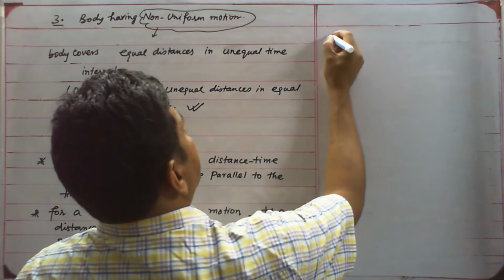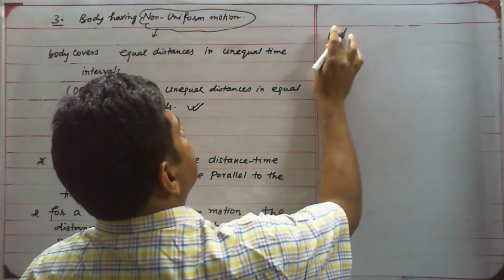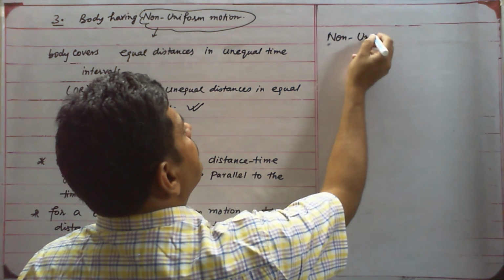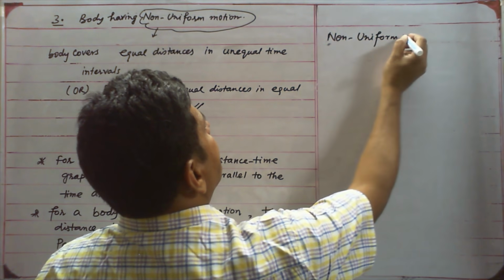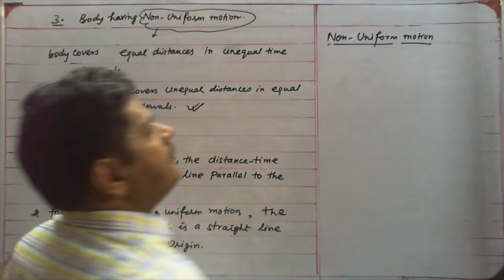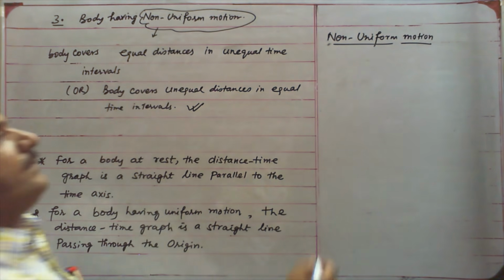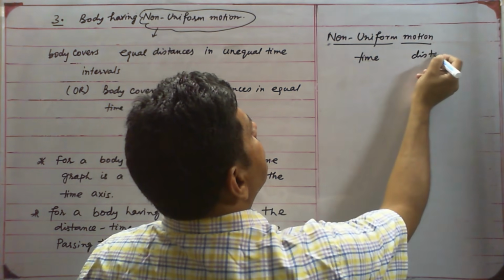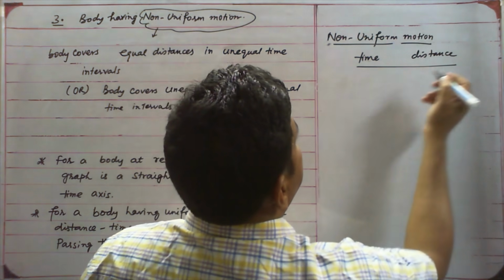So it is non-uniform motion. Let us take a data. Let us take time and distance.